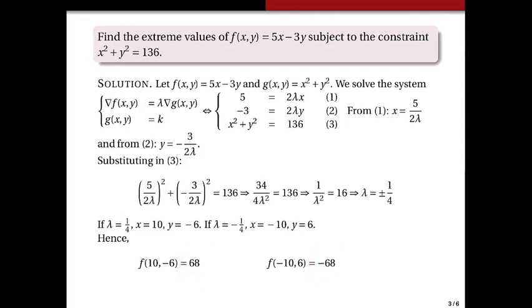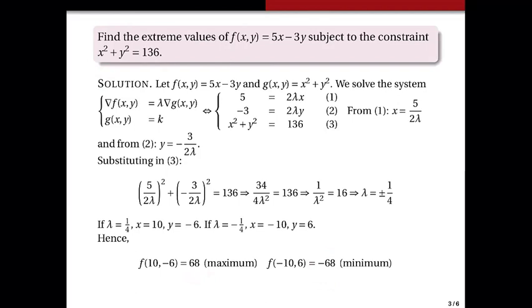In fact, this is the maximum value of the function f subject to this constraint, and this is the minimum value of f subject to this constraint. So that's the maximum and that's the minimum.